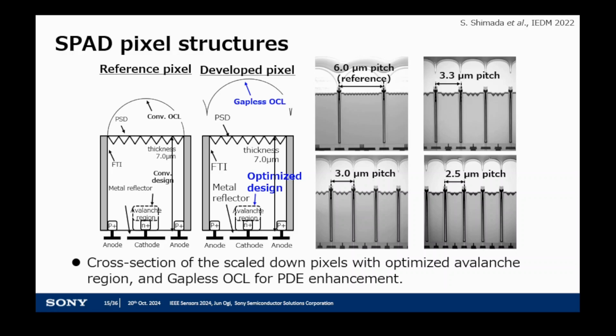For example, in this 2.5 micrometer pitch case, if we use this gap OCL, the fill factor decreases to 64%. To improve this, we apply this gapless on-chip lens, and this increases the fill factor to almost 100%, also in such a small 2.5 micrometer pitch pixel.